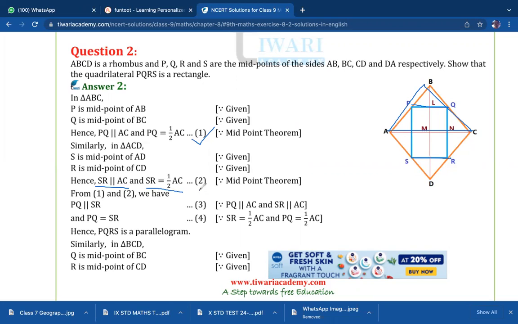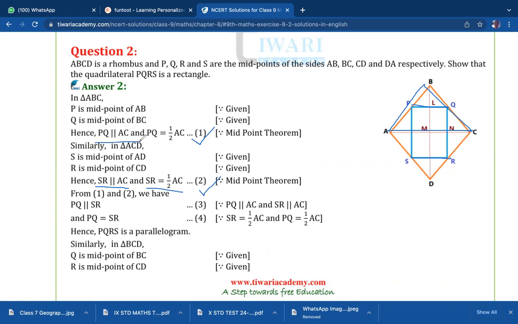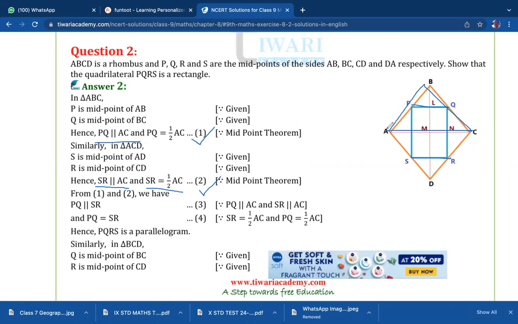You mark it as 2. Now, you have PQ parallel to AC, and SR is also parallel to AC. So definitely PQ should be parallel to SR. And both of them are equal to half of AC. So therefore PQ will be equal to SR.